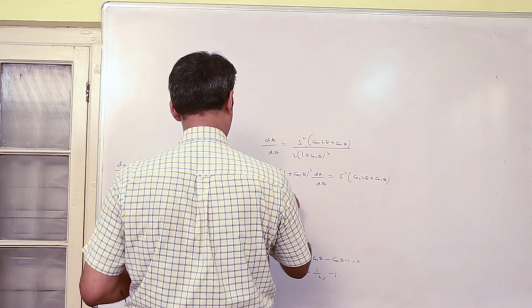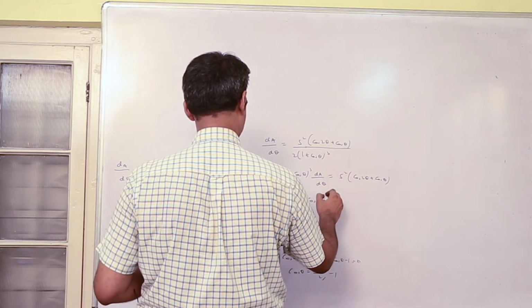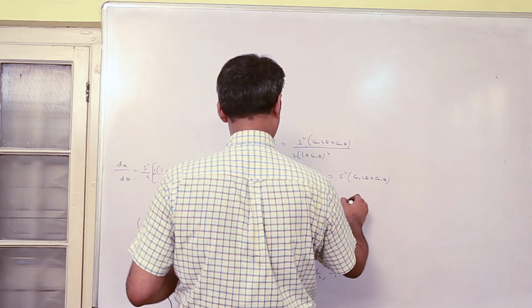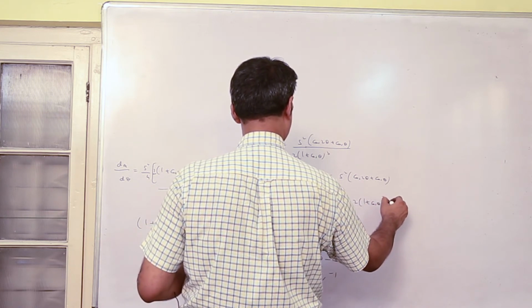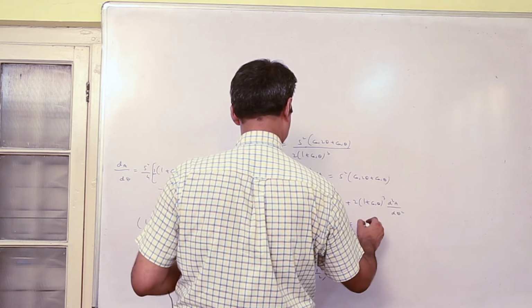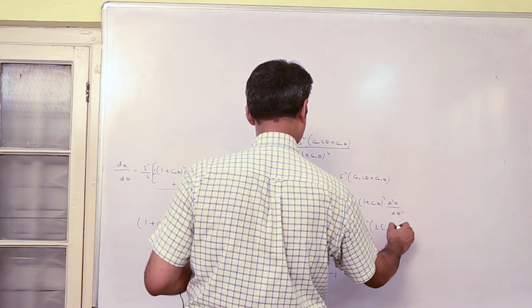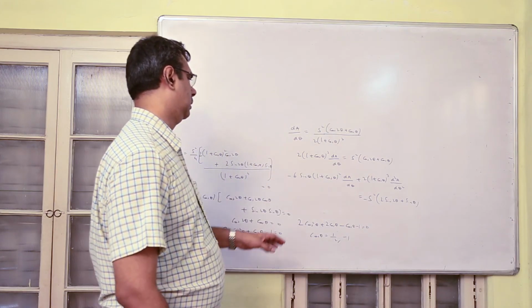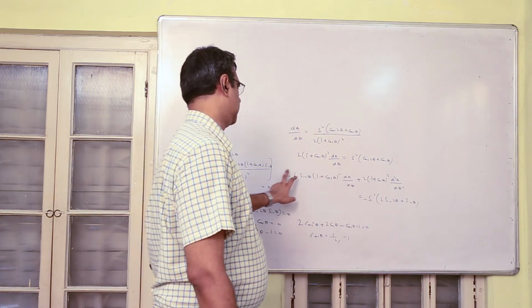So if you differentiate it again, then this part will become 0 because dA by d theta is 0.